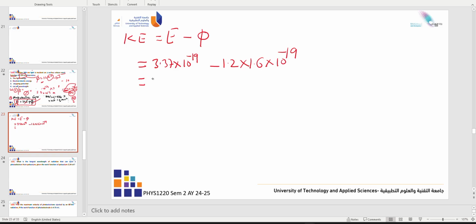This will be 1.45 multiplied by 10 to the power minus 19, and this value is coming in joule. This is the answer for the kinetic energy of the photoelectrons.